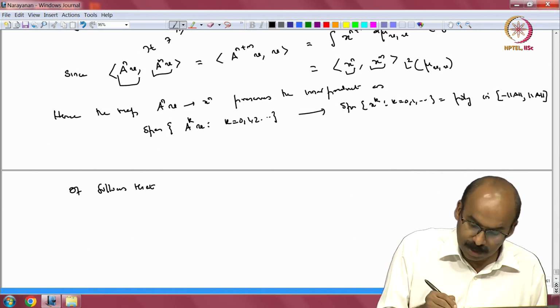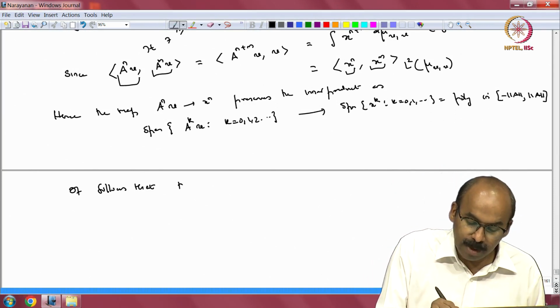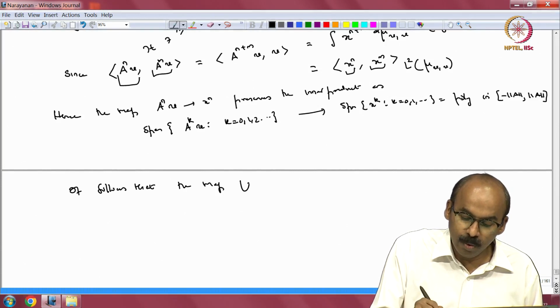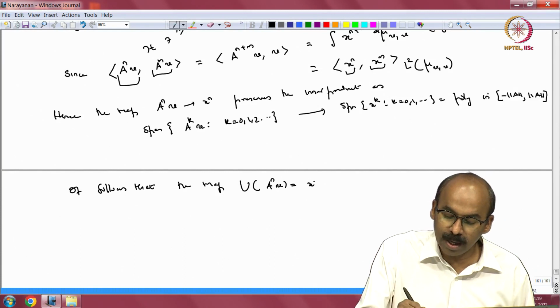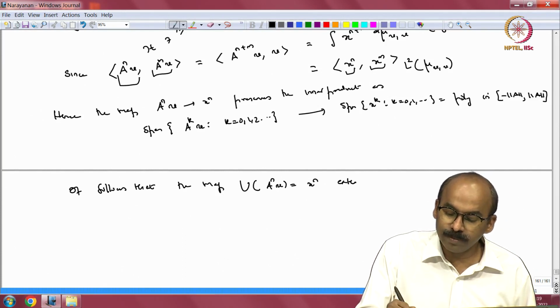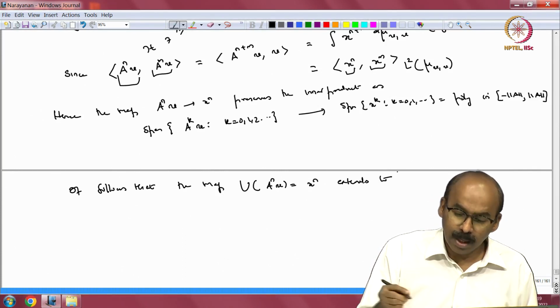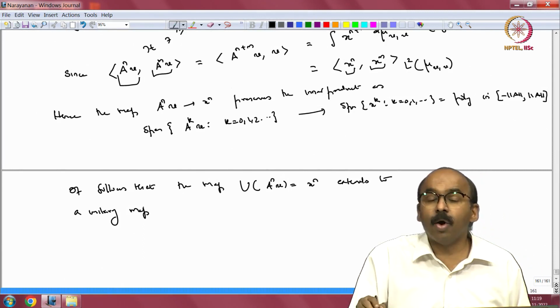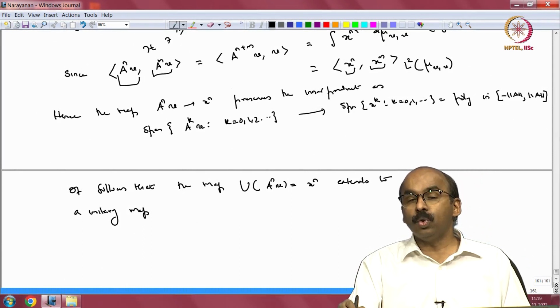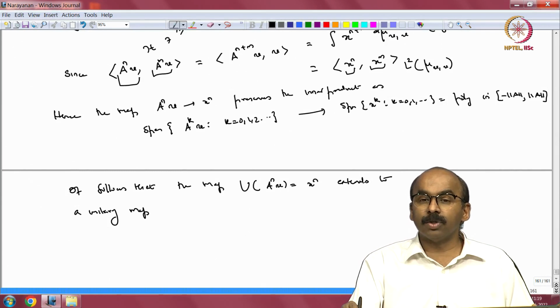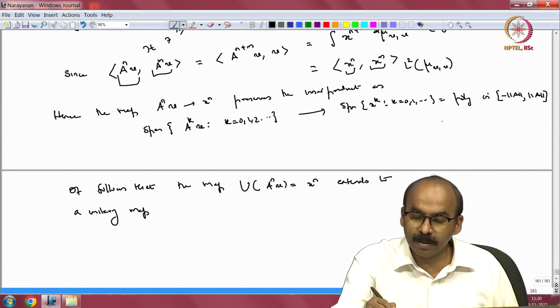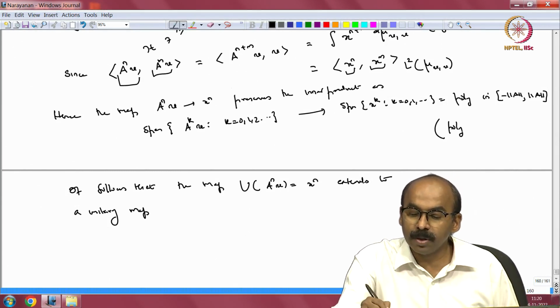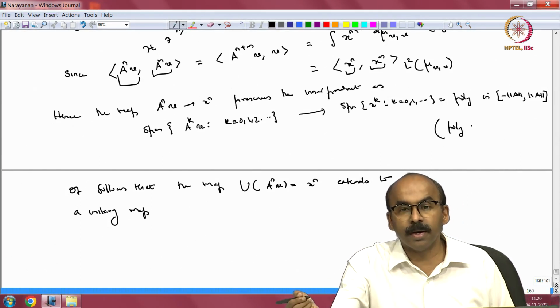So, hence it follows that the map u of a to the n v equal to x to the n extends to a unitary map, since the polynomials are dense in L2 of minus norm a to norm a. Okay. That is something you should keep in mind, because in supremum norm you will get all continuous functions.